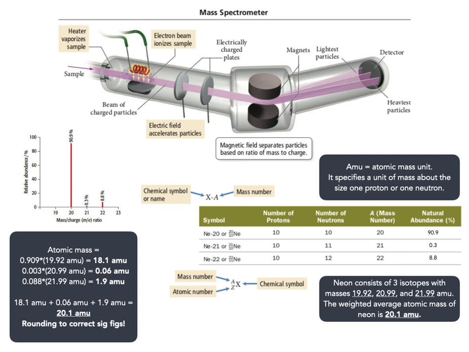So we can calculate an average mass, called the atomic mass, for each element. The atomic mass of each element is listed directly beneath the element symbol in the periodic table and represents the weighted average mass of the isotopes that compose that element, weighted according to the natural abundance of each isotope.